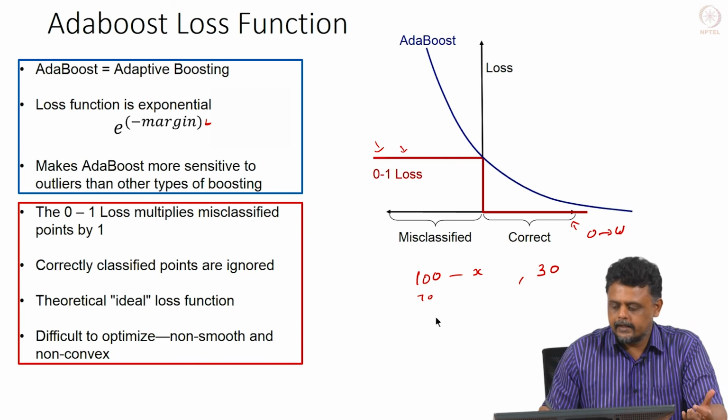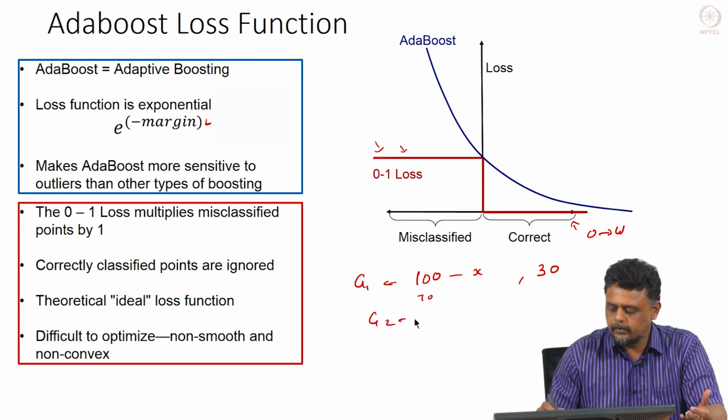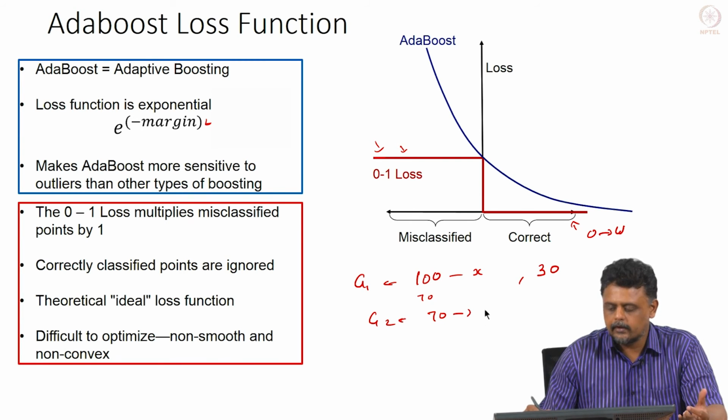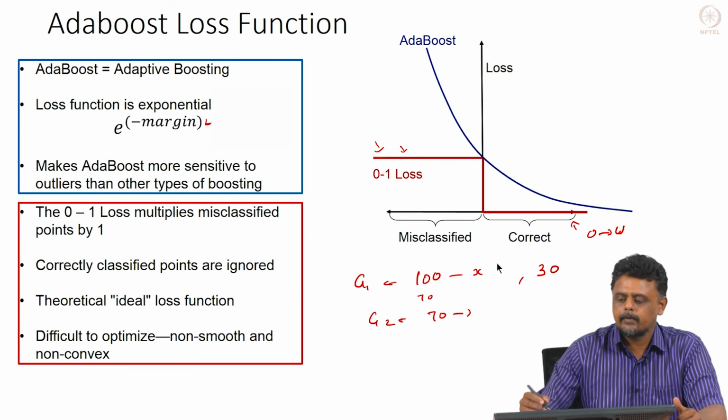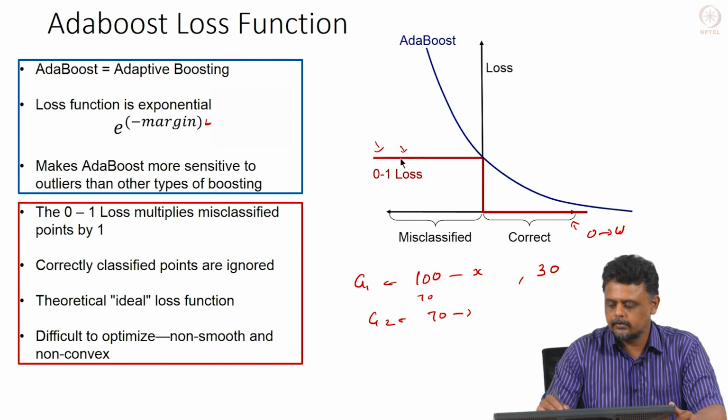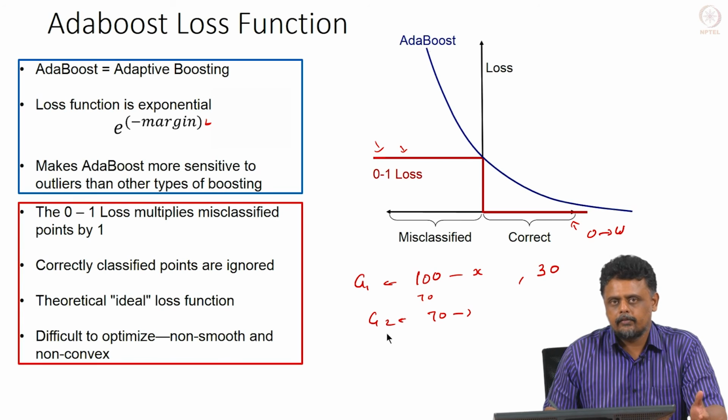Then in the next step, so this is G1, and for G2 you will take the 70 and fit another classifier. But this problem, even though it looks very appealing, does not give good results because it is a difficult problem to optimize. On the other hand, having an exponentially decreasing loss function instead of this step loss function helps improve your fitting.